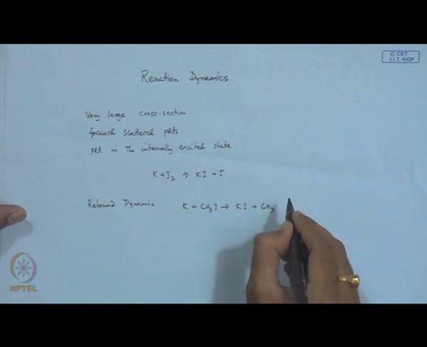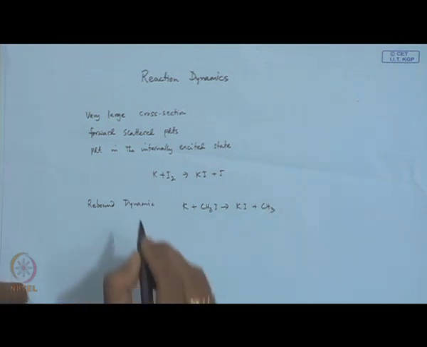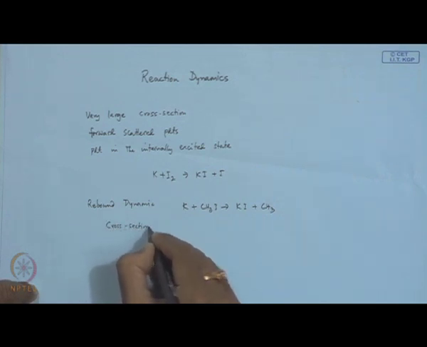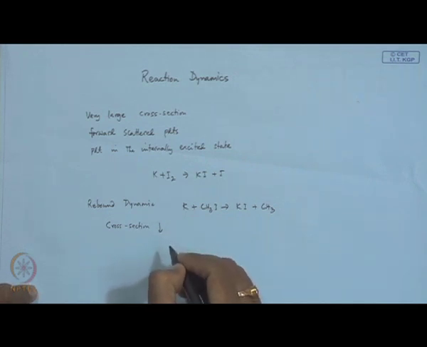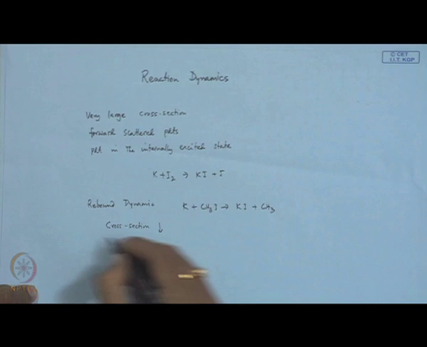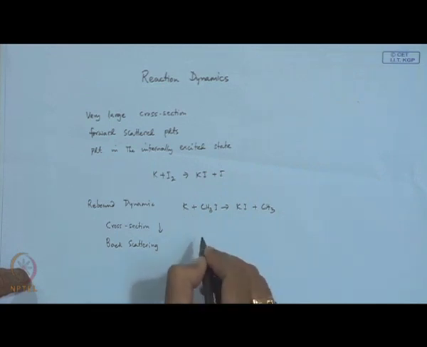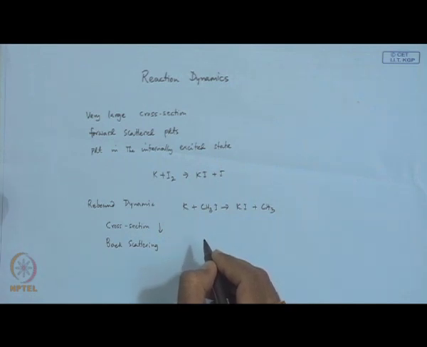In this particular case, cross section is small, and we get back scattered product, and the energy is mostly in translation form. So, that we talked about. You can have other examples like fluorine plus hydrogen giving rise to HF plus H, where HF is in the vibrationally excited state.